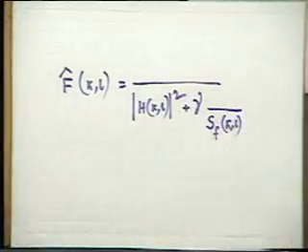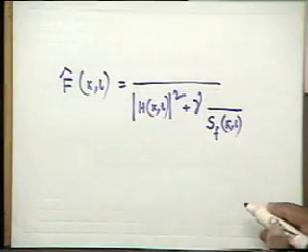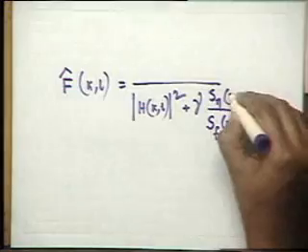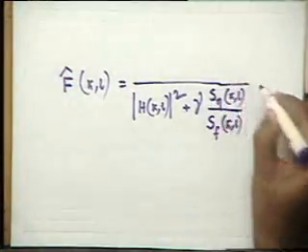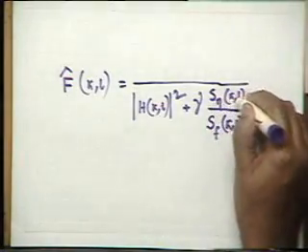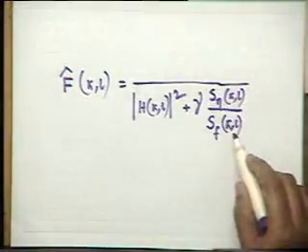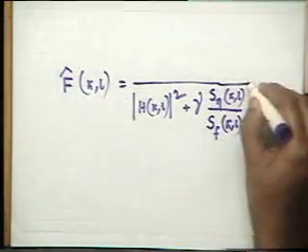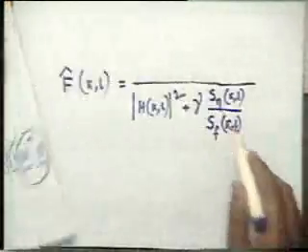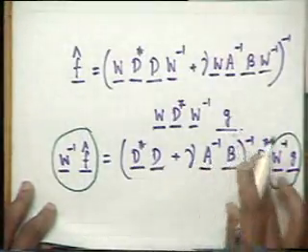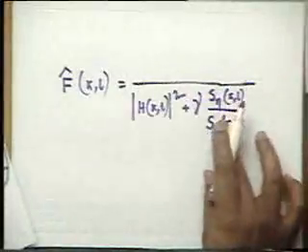This goes in the denominator term, and what remains in the numerator is S, let's call it S_eta KL, the noise spectral density. The numerator is the noise spectral density, the denominator is the signal spectral density. So this becomes the gamma A inverse B term. I have got D star D plus gamma A inverse B. Since this whole thing was inverse, it has come in the denominator.